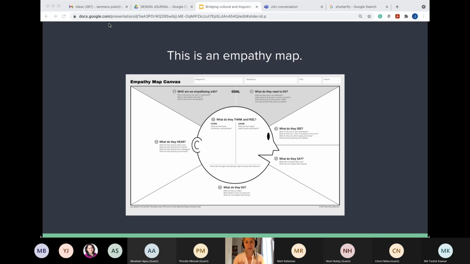This information will help the designer understand what their user is thinking and feeling. Based on what a user is thinking and feeling, the designer assesses the user's pains and gains, which you see there in the middle of the head. Pains represent the user's difficulties, and gains represent their successes.